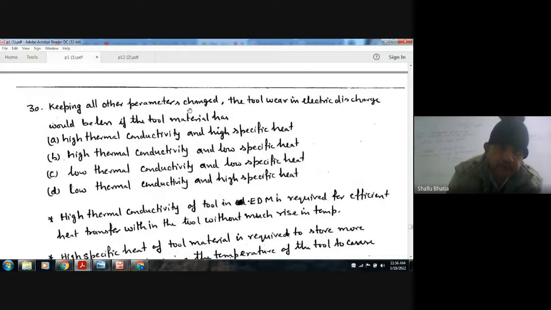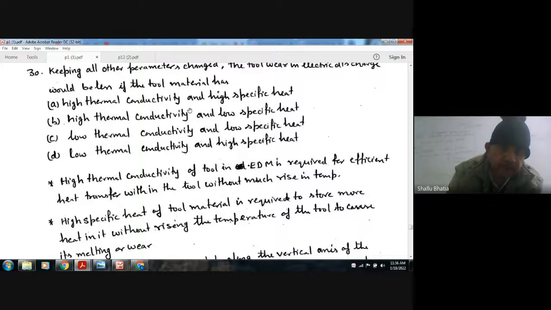Okay. In electric discharge machining, high conductivity of the tool is required for efficient heat transfer within the tool without much pressure. If the temperature rise takes place in the tool, then the tool can fail. So high conductivity avoids this temperature rise in the tool.